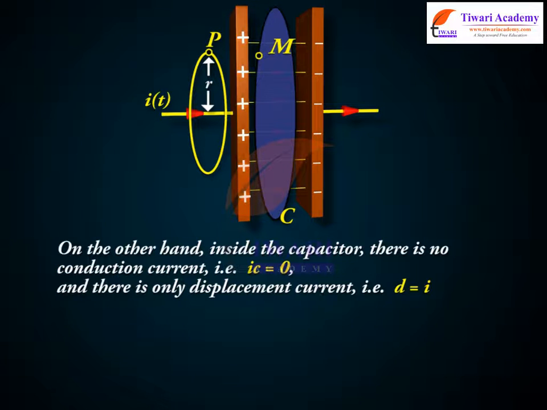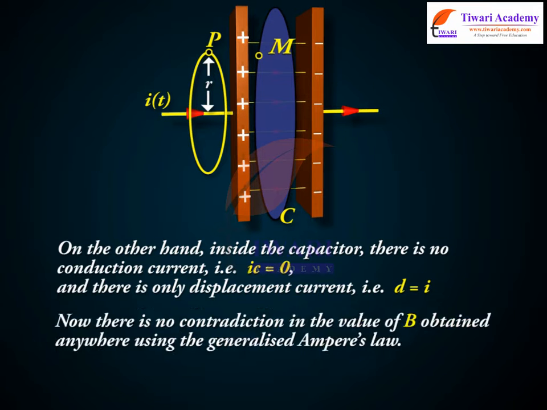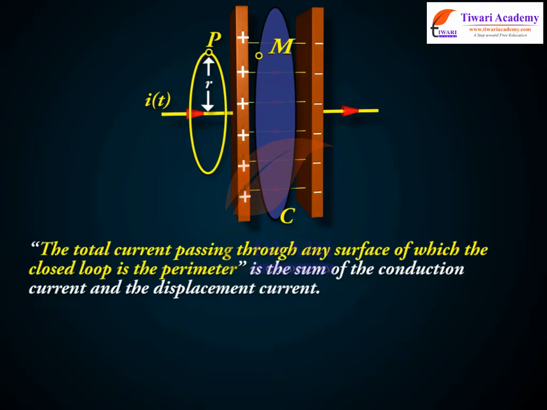On the other hand, inside the capacitor, there is no conduction current, that is, IC is equal to 0, and there is only displacement current, that is, ID is equal to I. Now there is no contradiction in the value of B obtained anywhere using the generalized Ampere's law. The total current passing through any surface of which the closed loop is the perimeter is the sum of the conduction current and the displacement current.